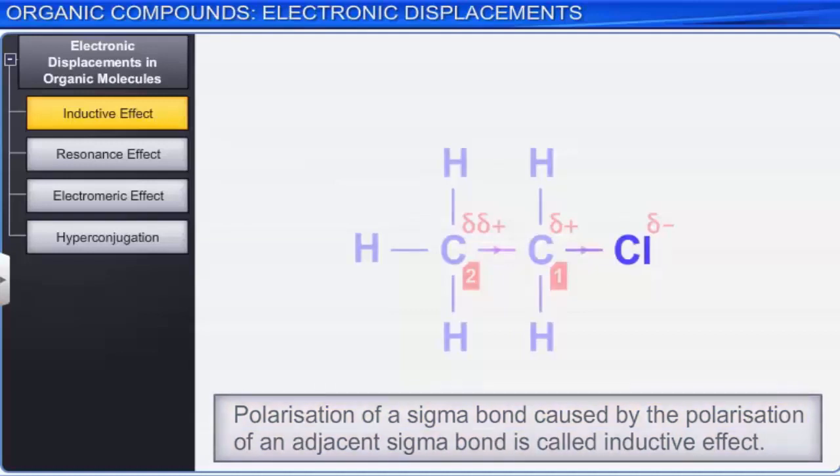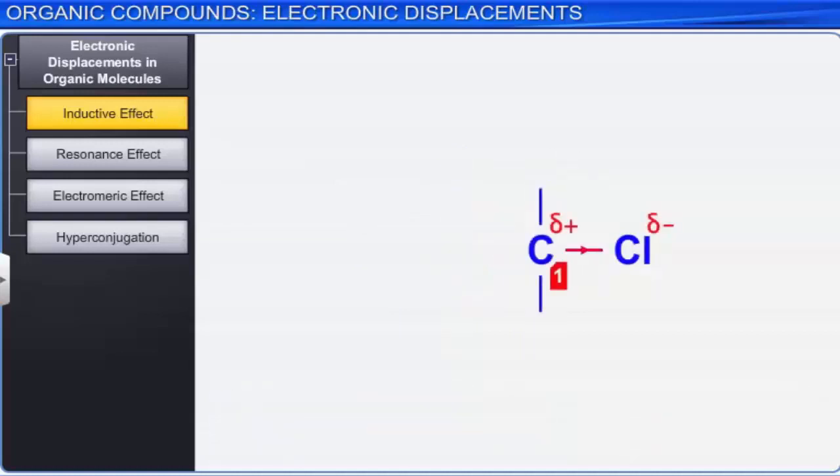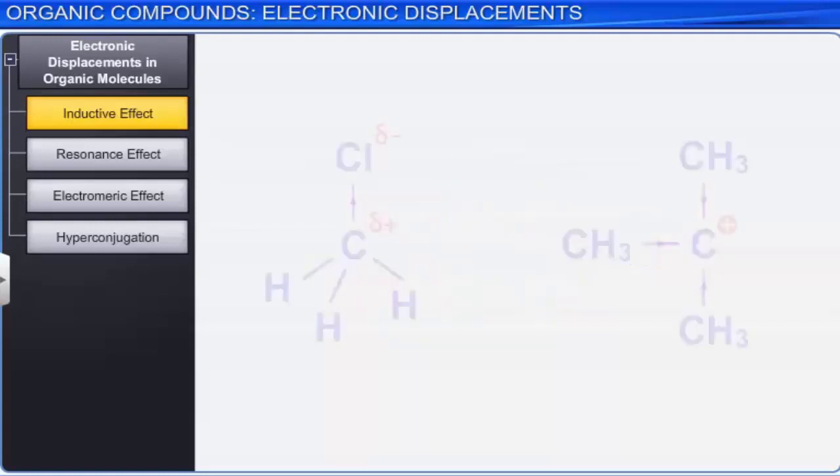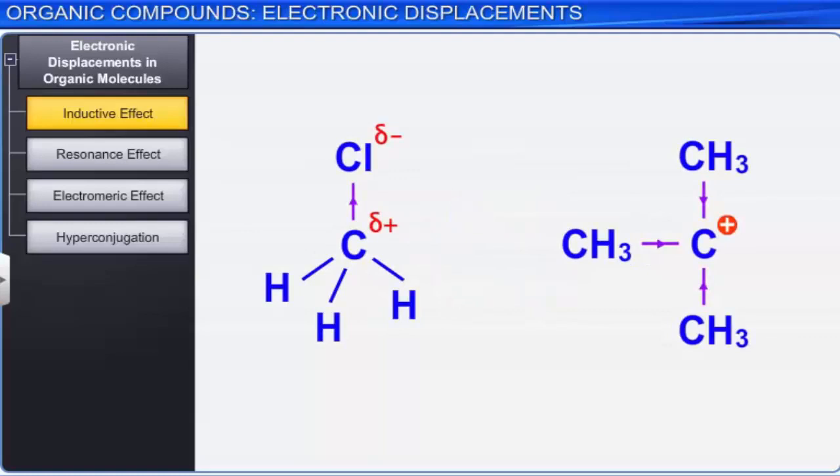Inductive effect decreases as the distance from the source atoms increases. The inductive effect is related to the ability of a group to either withdraw or donate electron density to the attached carbon atom of the alkyl group.